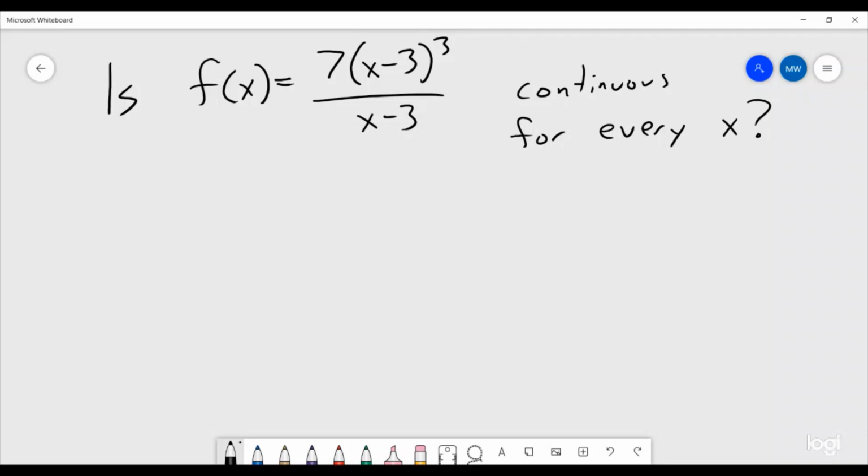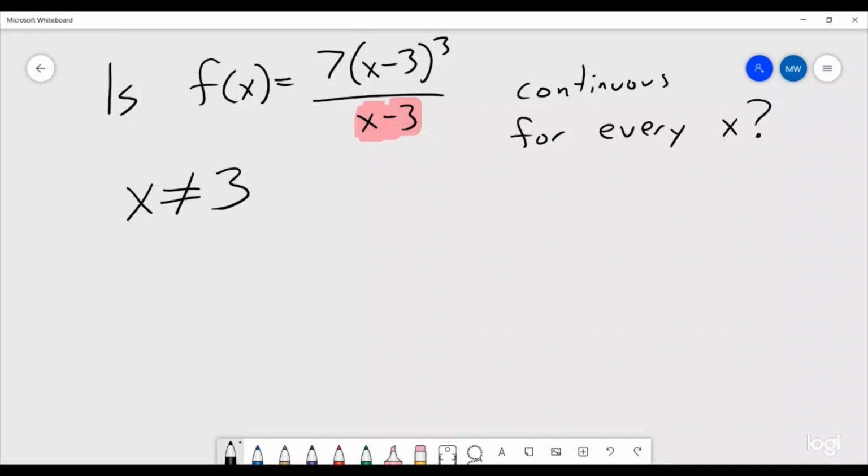Well, it turns out that no, because this bottom is not going to allow every x value to be inputted into this function. We know that x cannot be 3 because we can't divide by 0.